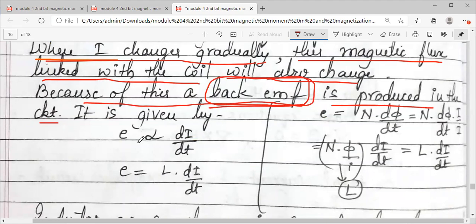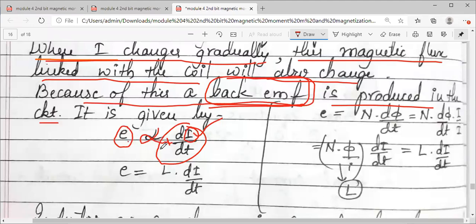So if I want to write it in the form of an equation, how can I write? EMF produced, back EMF, is directly proportional to di by dt. In the sense, जितना current change होगा, gradual increase. यहाँ पर plus है, indicating that it is an increase. We are changing the current gradually. Flux change होगा. जब flux change होगा, back EMF produce होगा.